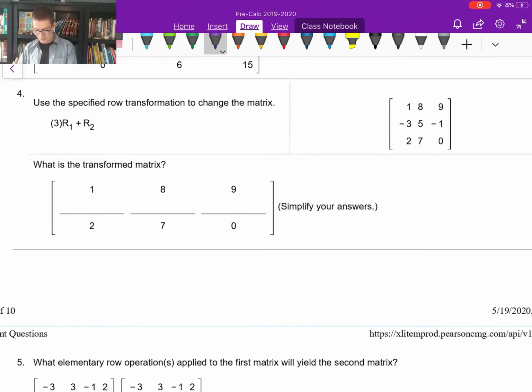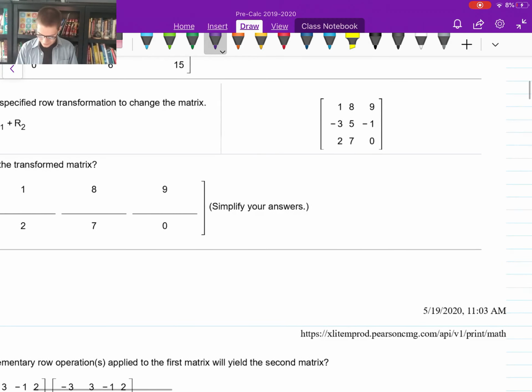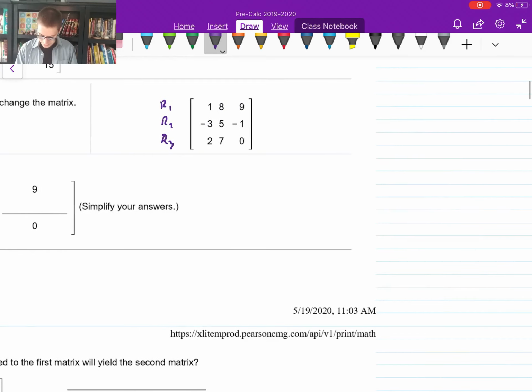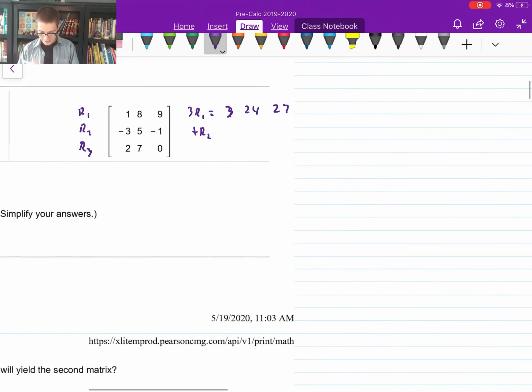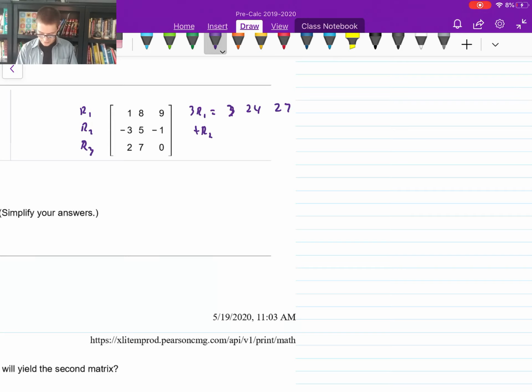We're going to take 3 times row 1 and add that to row 2. So 3 times row 1 equals 3, 24, 27. And we're going to add that to row 2. So we're adding negative 3, plus 5, and plus a negative 1.